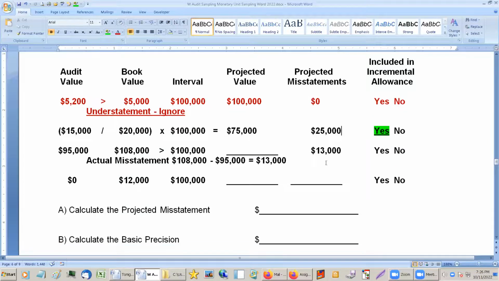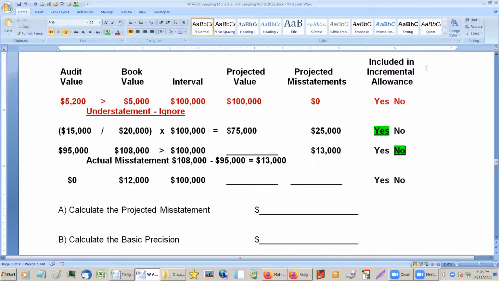Now, here's the thing on this one though. This cannot get any worse. This 108,000 completely covers the interval of 100,000. While it is a misstatement of 13,000, the actual misstatement is 13,000. It is not in the incremental, because it covers the entire interval.